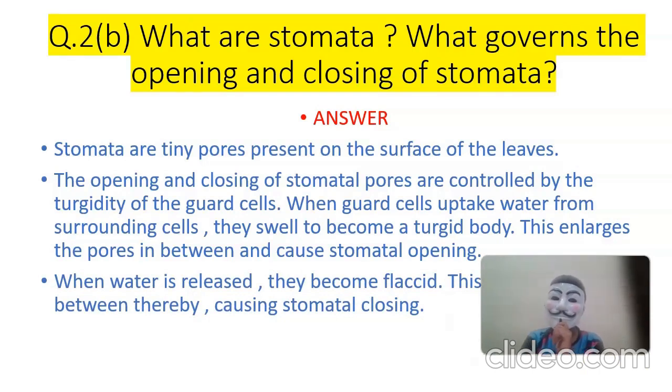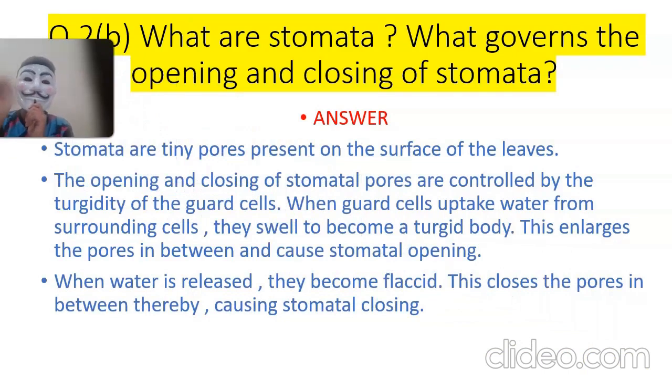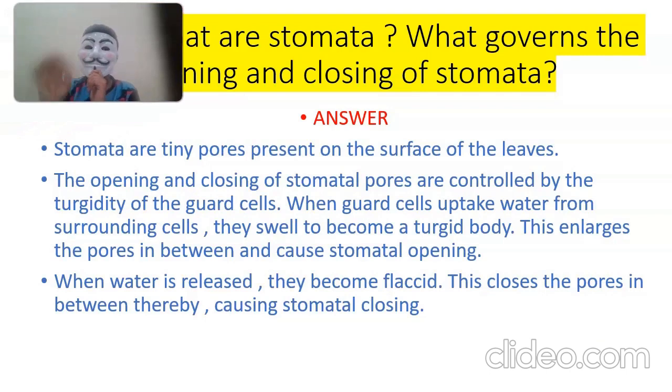In short again, stomata are tiny pores present on the surface of the leaves. The opening and closing of stomatal pores are controlled by the turgidity of the guard cells.